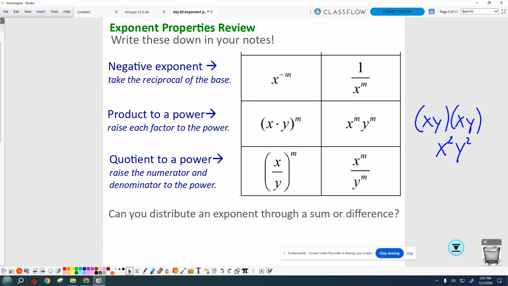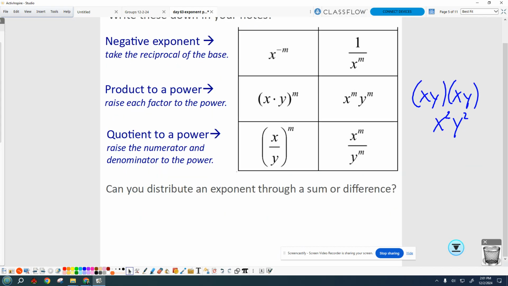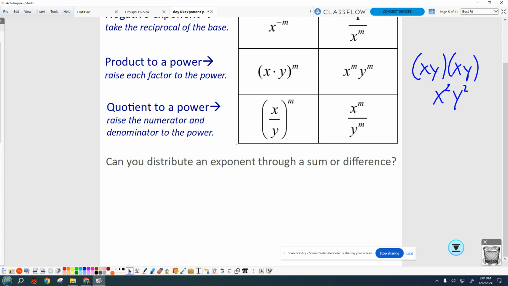Okay. So now here's the trick question. Amory, pick a number. 5. So with your group agreeing, I want you to write yes or no. Is this true or not?